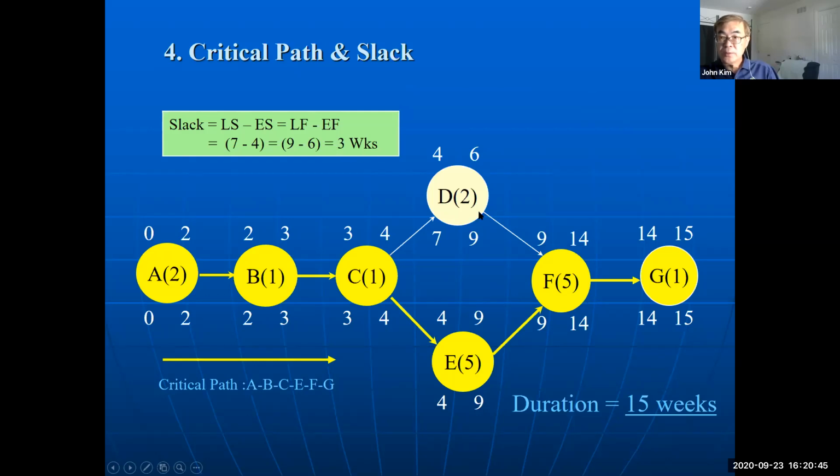So activity D has 3 weeks of slack. But others, like A, 0 minus 0, 2 minus 2, 0 slack. This one, 2 minus 2, and so on, 0 slack, 0, 0, 0, 0 slack.